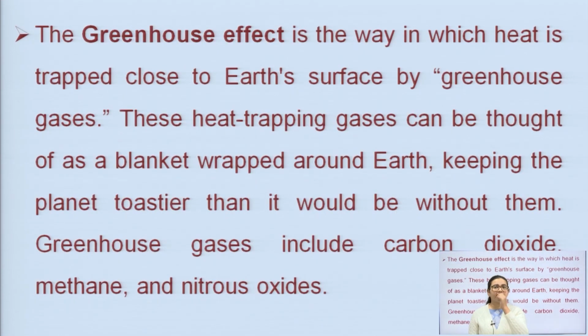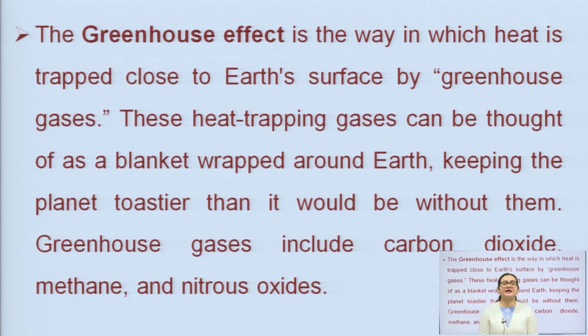The greenhouse effect is the way in which heat is trapped close to the earth's surface by greenhouse gases. So, greenhouse gases get trapped onto the earth's surface and heat it up. That trapped heat leads to a rise in earth's temperature.